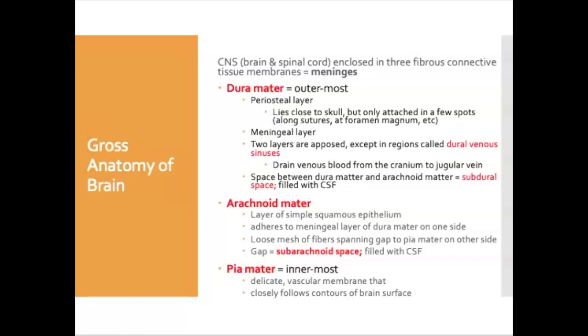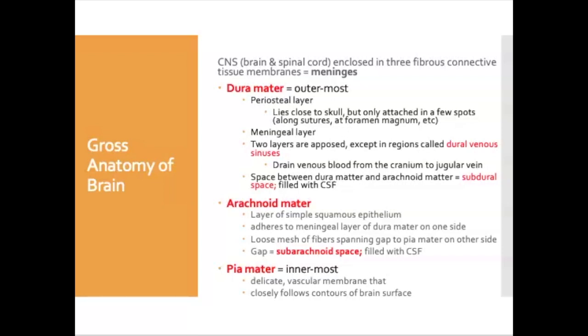The dura mater, the outermost layer, can actually be described as having 2 sublayers, a periosteal layer and a meningeal layer. The periosteal layer of the dura mater is the side that faces the skull. It's interesting because the dura mater is actually attached to the bony skull, but only in a few spots.